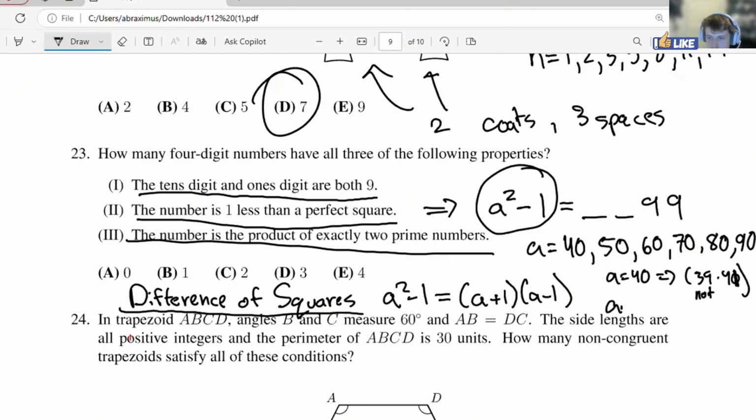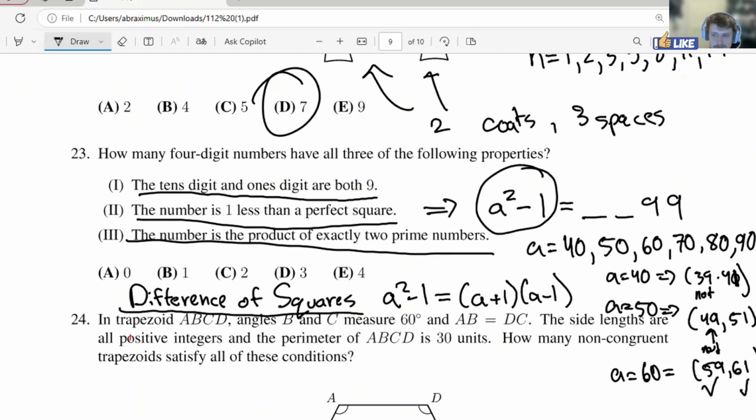All right, if a equals 50, then we get 49 and 51, but again, 49 is not prime. If a equals 60, then we get 59 and 61. Both of these are prime.